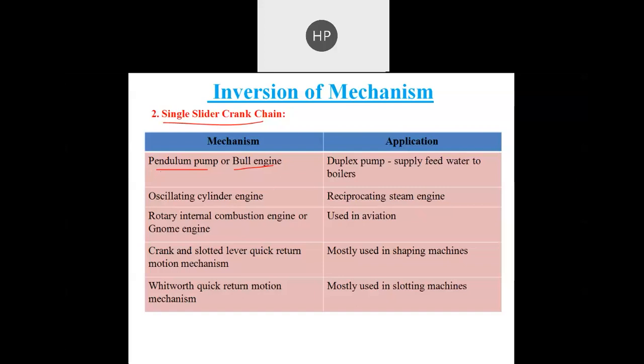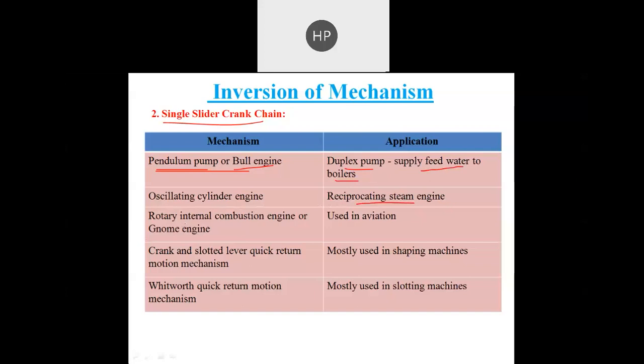First is the pendulum pump or bull pump, which is applicable to the duplex pump, which supplies feed water to the boiler. Then the oscillating cylinder engine, which is applicable in the reciprocating steam engine.